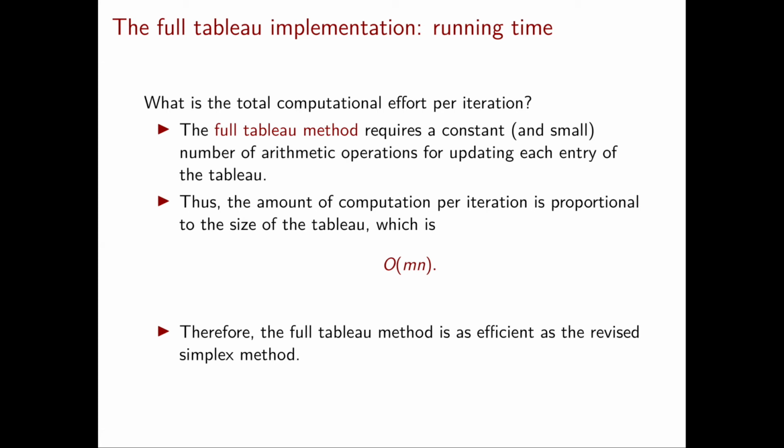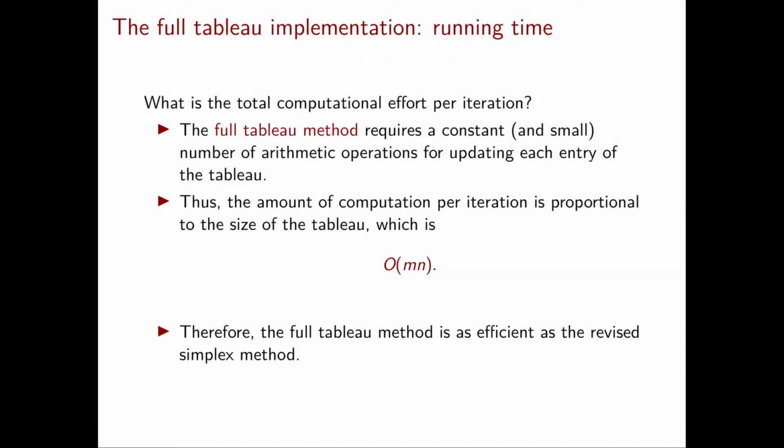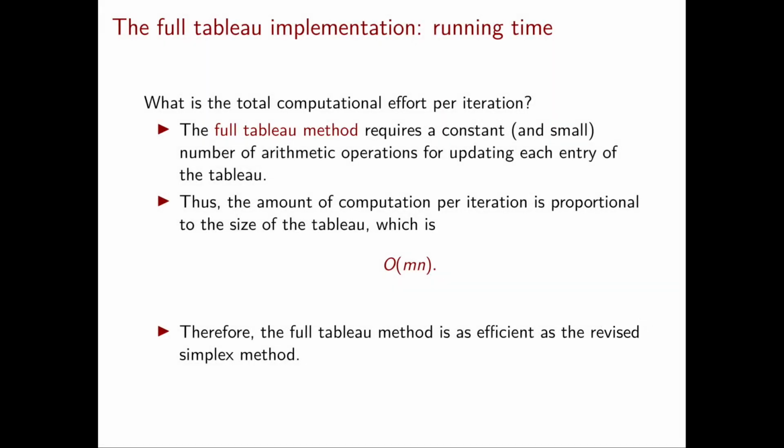And it's simple to see that updating each entry of the tableau only requires a constant number of arithmetic operations. Therefore, the amount of computation per iteration is proportional to the number of entries in the tableau. We have n plus 1 columns and m plus 1 rows. So in total, the number of operations is big O of mn. If you remember, this coincides with the number of operations performed in one iteration of the revised simplex method.